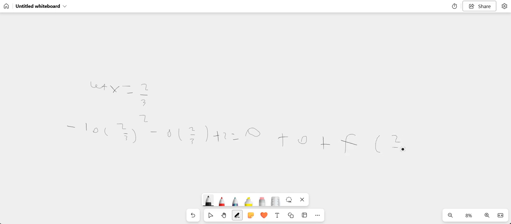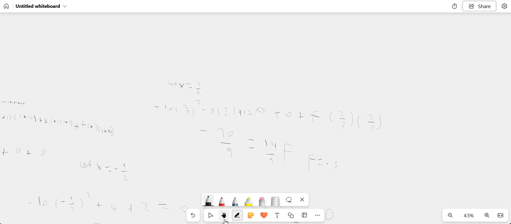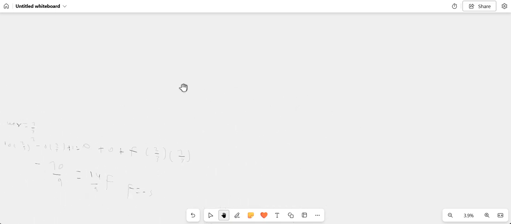Then the third one is F, so substitute 2 over 3 into x and into the other bracket, and that becomes 7 over 3. Simplify the left-hand side: minus 70 over 9. The right-hand side becomes 14 over 9 F. So F is equal to minus 5, if you divide minus 70 over 9 by 14 over 9. So there you go, I guess I was wrong about it being fractions.